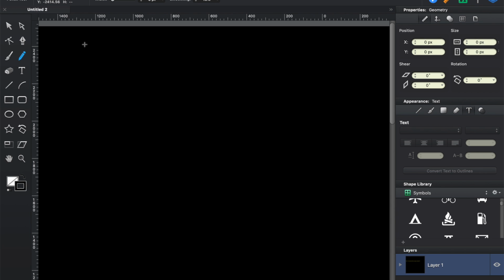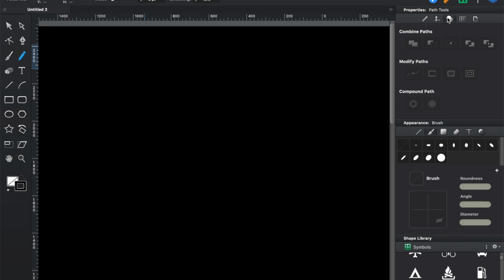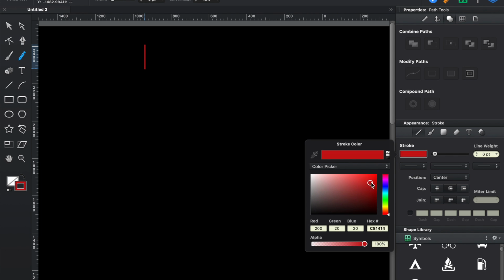You don't need the 10 because that's kind of easy to figure out, but I'll write down 10 anyway. Oh, it's a black color, that's why. We can change the color.